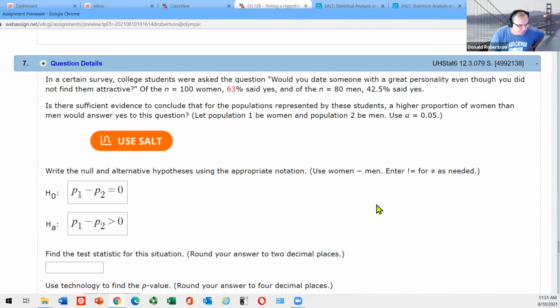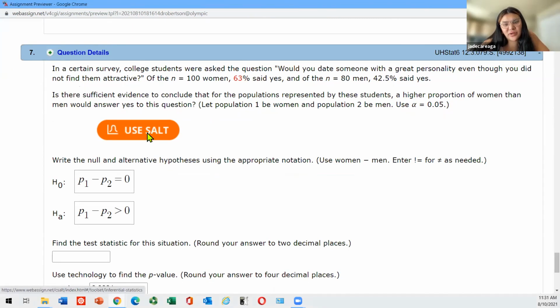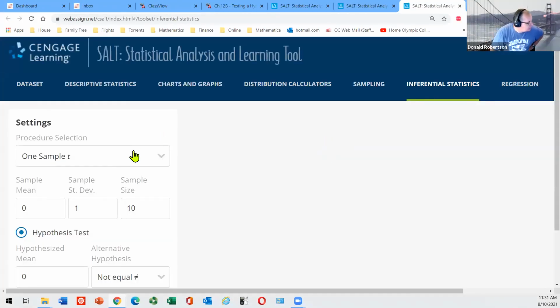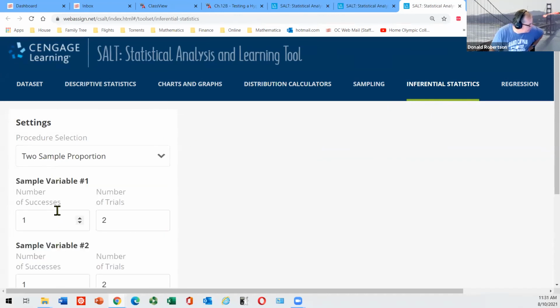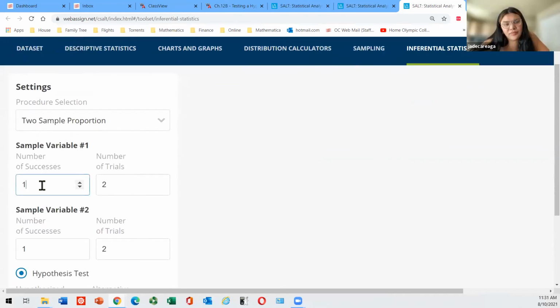Are we good? Any questions about that? I have a question. Could you just go back to SALT for 1 second, just so I can see why mine doesn't come up to the same stuff as yours? Sure. Okay, so I'll have to do it again, but that's fine. 2 proportion. The women goes first, and the women were 63 out of 100.